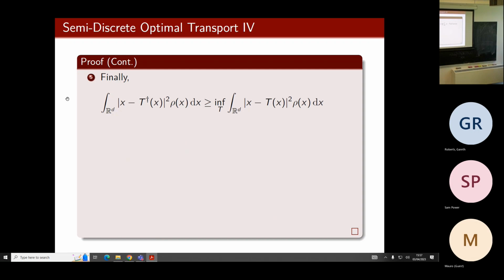So of course it's going to be bigger than the infimum. Okay, so this itself is going to be less than or equal to this.